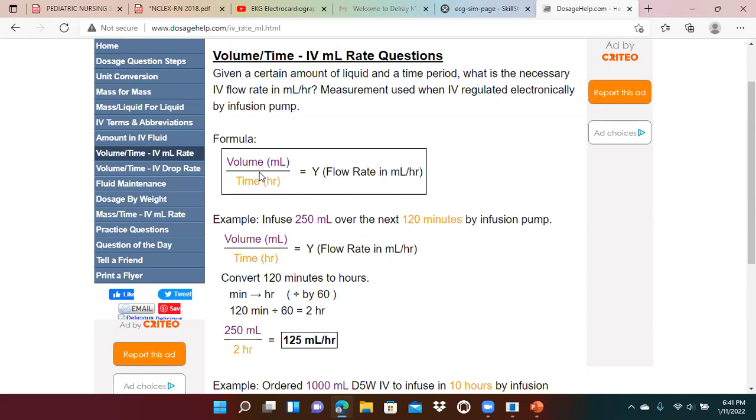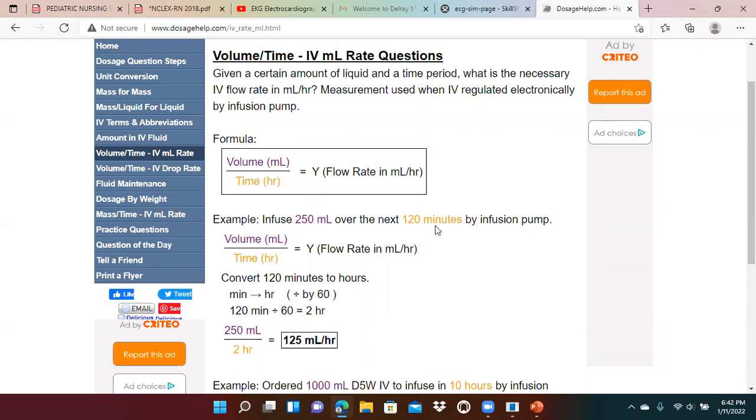So volume is always in unit milliliter, over time, which must be in hour. So if it is in minute, you have to convert to hour. Example, infusion of 250 ml over the next 120 minutes.